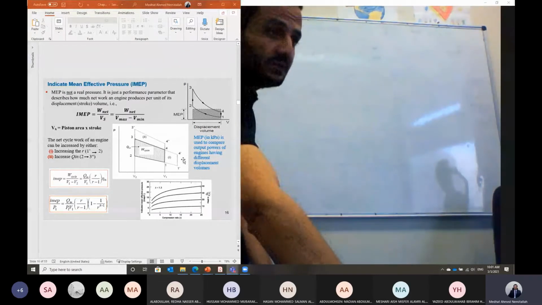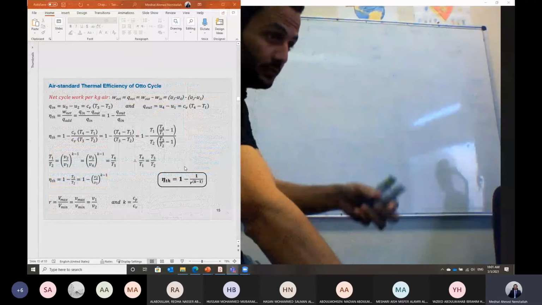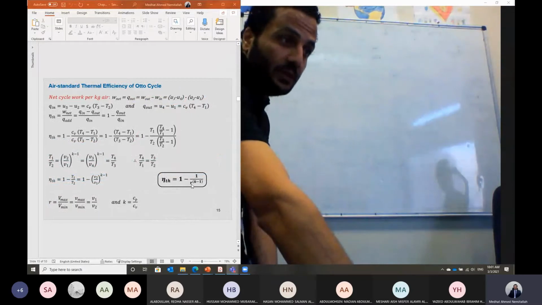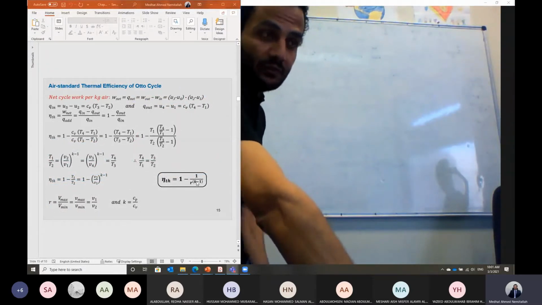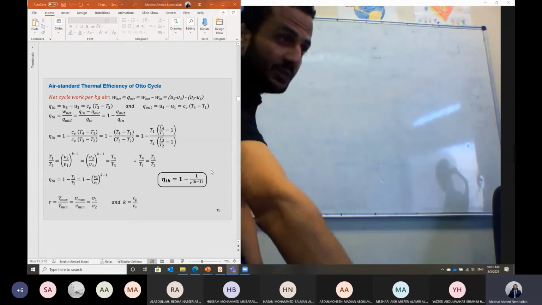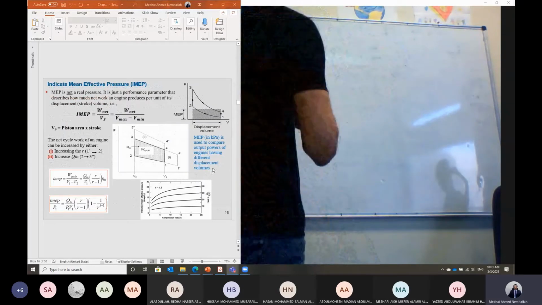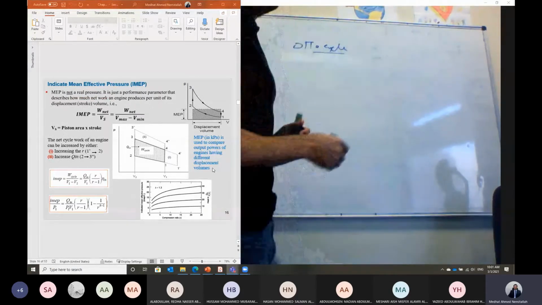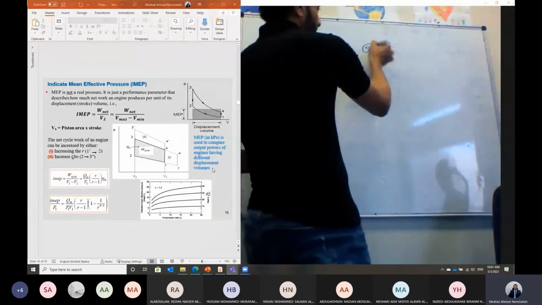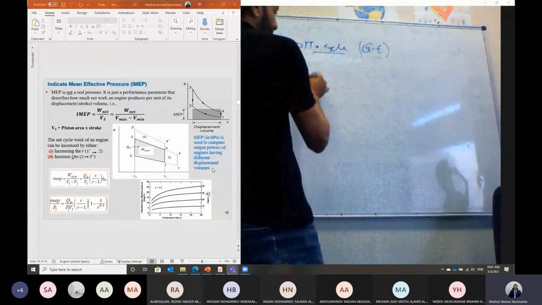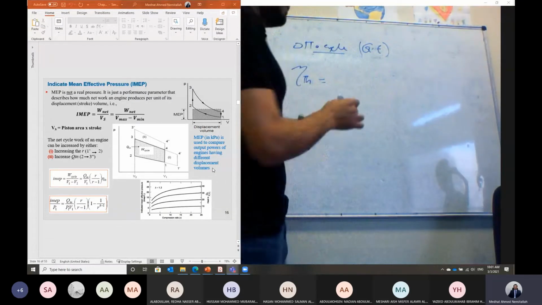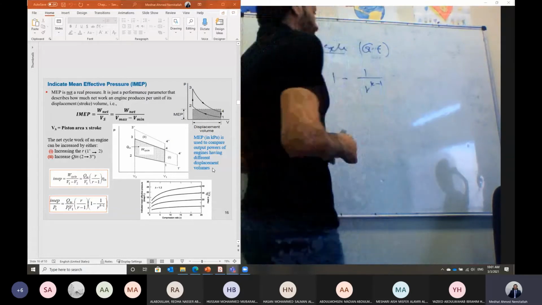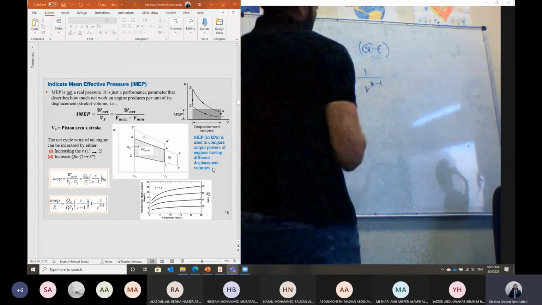Based on this we have calculated the thermal efficiency of the cycle for an Otto cycle as a function of the compression ratio R, and also as a function of the specific heat ratio constant, which is the parameter K. So for the Otto cycle, which can be used as a representation for the gasoline engine, we have proved last time that the thermal efficiency is equal to 1 minus 1 over R to the power K minus 1, where K is the specific heat ratio.